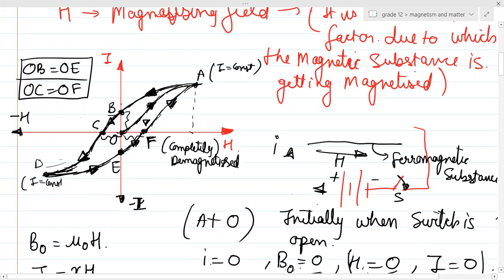And from point F to A, you keep on increasing that particular thing till all of the dipoles get aligned in the same direction. Till that time, the whole thing gets magnetized again. Okay, so this loop.